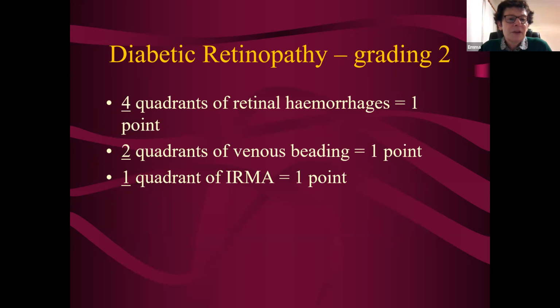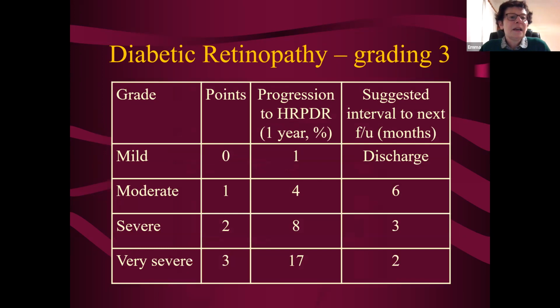And 1 quadrant of IRMA gives you a point. So if you have no points, you have mild non-proliferative diabetic retinopathy. Your rate of progression to high-risk proliferative diabetic retinopathy within a year is 1%, and we would discharge those patients to diabetic screening. Moderate, you've got 1 point and the corresponding numbers.